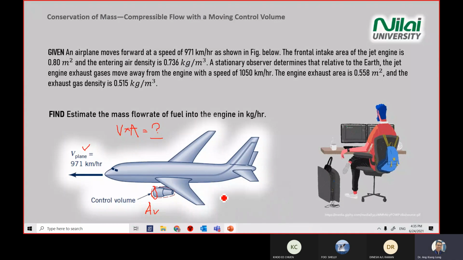Dennis, I'm going to ask you if Ku is not able to answer. Meter cube, right? Meter cube over S. S is what?